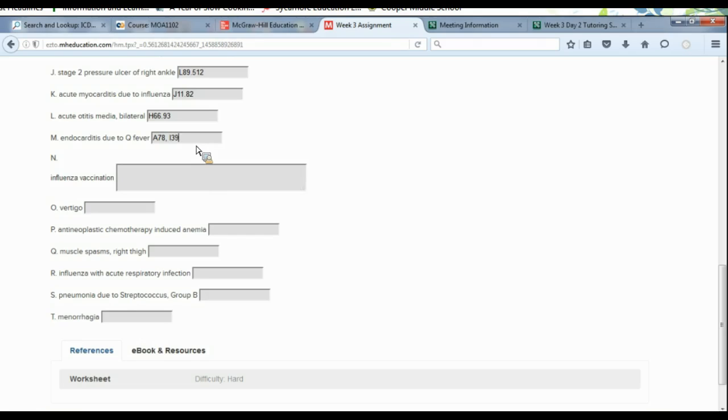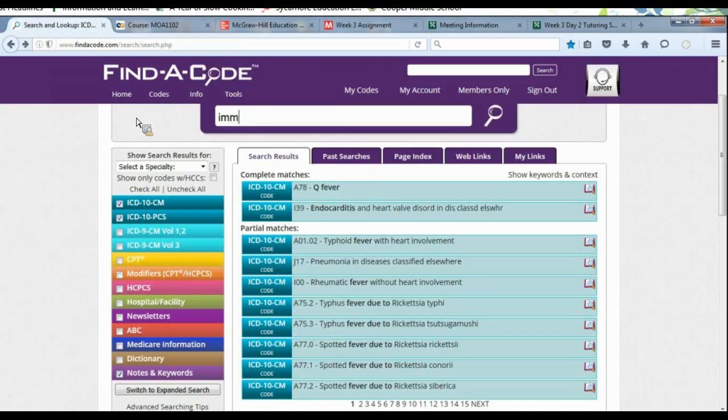Okay, that's correct. Now for influenza vaccination, we all know that's basically a flu shot or your regular standard immunization. Like if you get as a child, you have to have your shots, as they say. So let's just type in immunization, not to confuse the system.